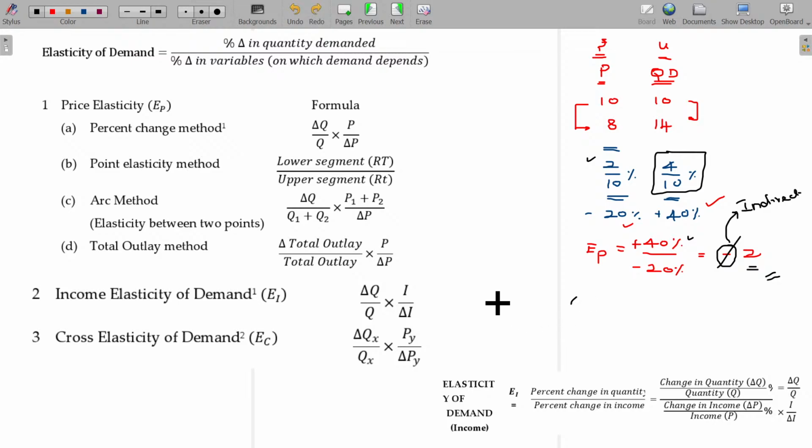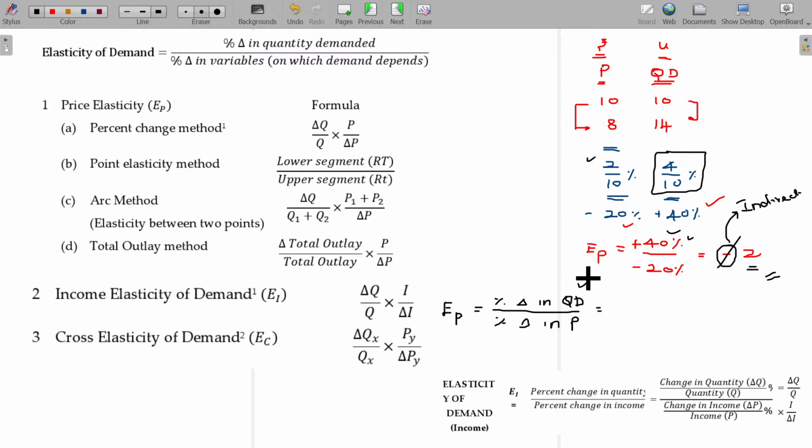Otherwise, this is the percentage change in quantity demanded divided by the percentage change in price. Am I right? 40 is the percentage change in quantity demanded, and 20 is the percentage change in price. This is EP.